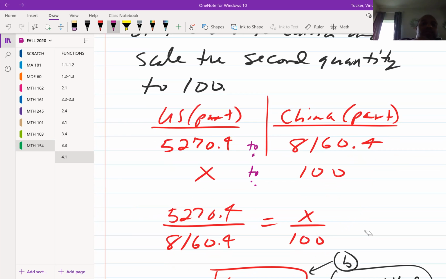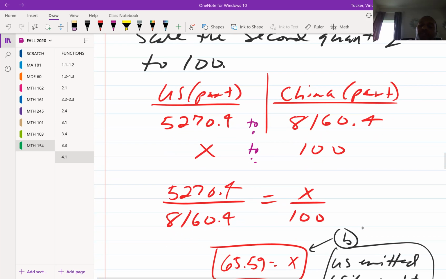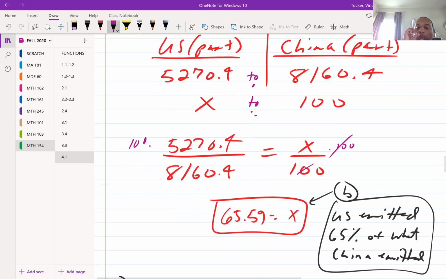Questions on the setup? You can multiply it by 100 or use your cross multiplication. Either way, you're going to get the same result. X will be equal to 65.59.